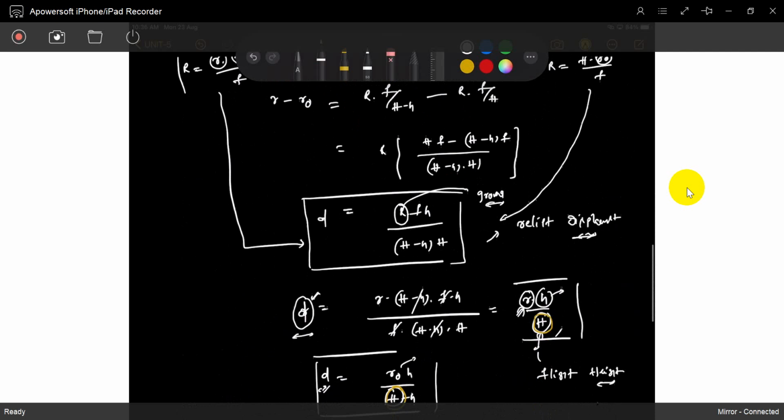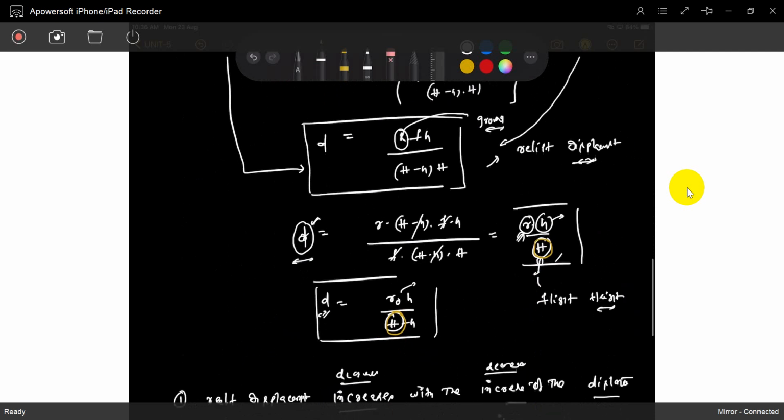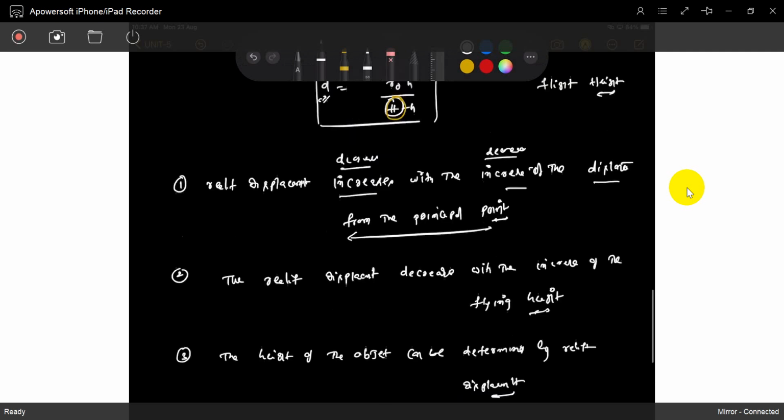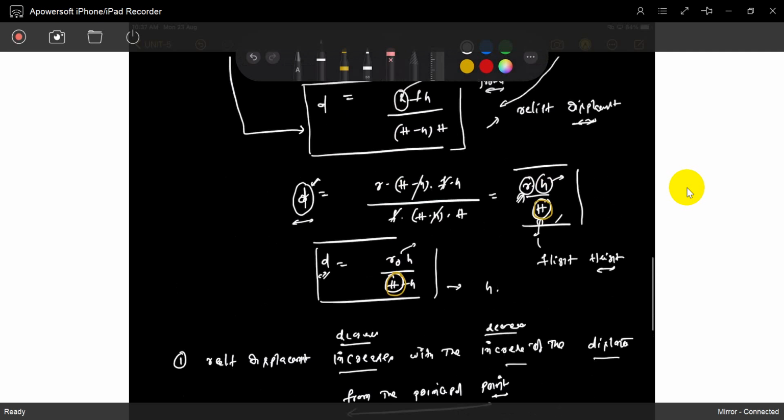So next, the height of the object can be determined by relief displacement. We already said the same thing. Can we find out the height exactly?